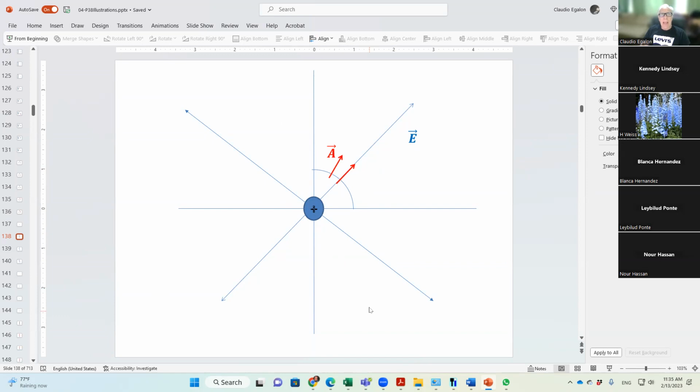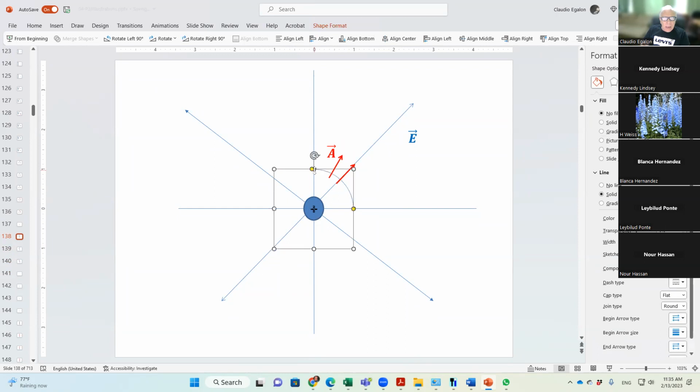Okay, having said that, we can create a geometrical surface around this point charge that has symmetry. And this geometric surface would be what? This geometric surface would be a sphere surrounding the electric charge.